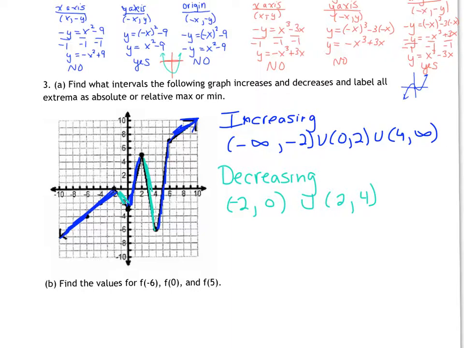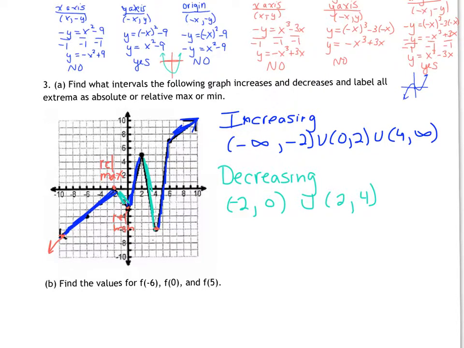It also says we want to label all the extrema. Extrema just means highest and lowest point as max or min. Well, this one here is a max, but it would be a relative max because it's not higher than everything else. This would be a relative min because it's at the bottom, but it's not lower than any other points because down here there's points that go down forever because this keeps going.